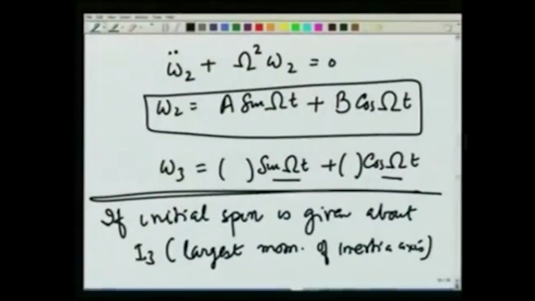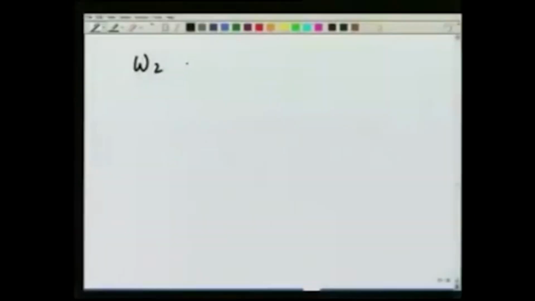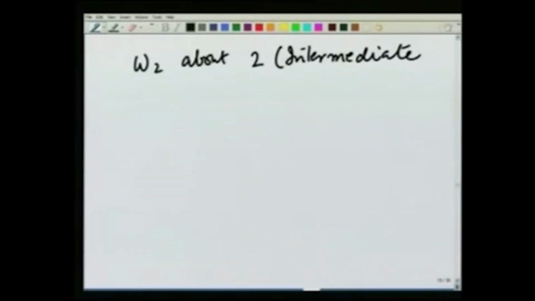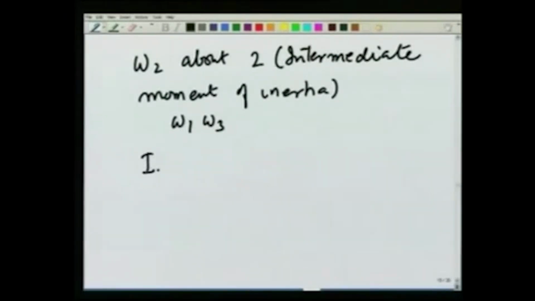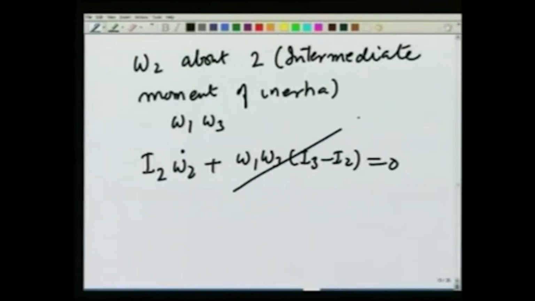Let us see now the case when I give omega 2 about axis 2, which is the intermediate moment of inertia axis, and there is some small omega 1 and omega 3. So again we will see that I2 omega 2 dot plus omega 1 omega 3 (I3 minus I2) is equal to 0. This I can neglect in the first approximation.